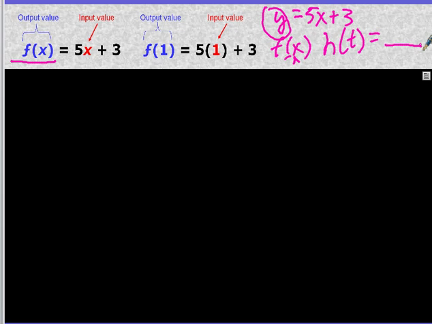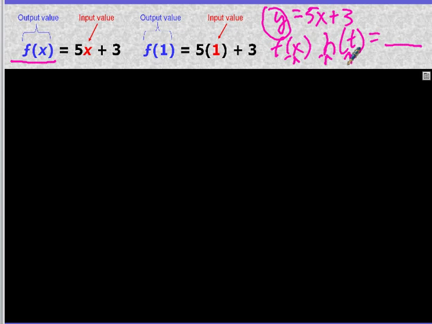But this letter can kind of give you some information about what the function is about. So this stands for height, this stands for time, as opposed to always using y and x, which doesn't give you any information. So that's what the function notation is about.